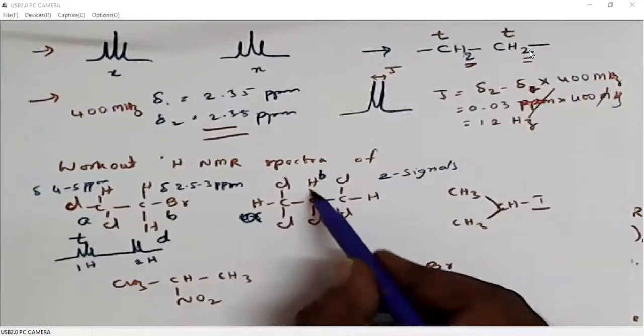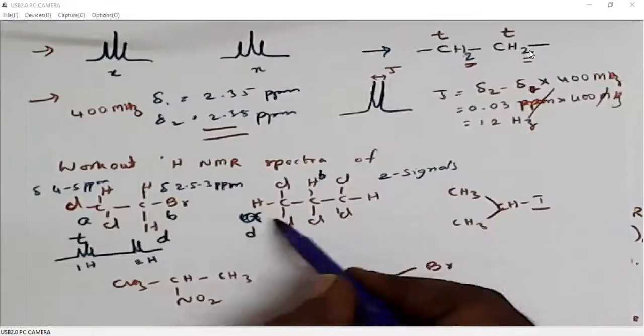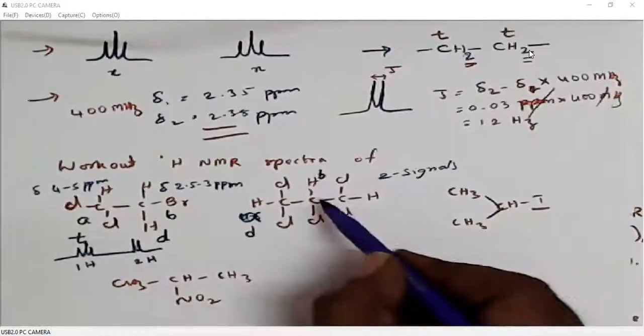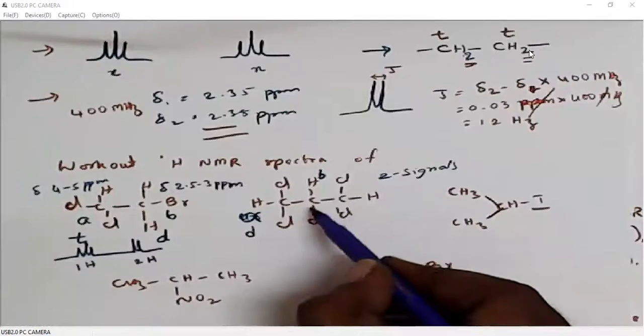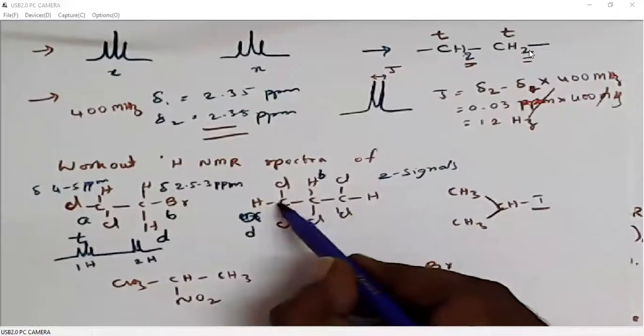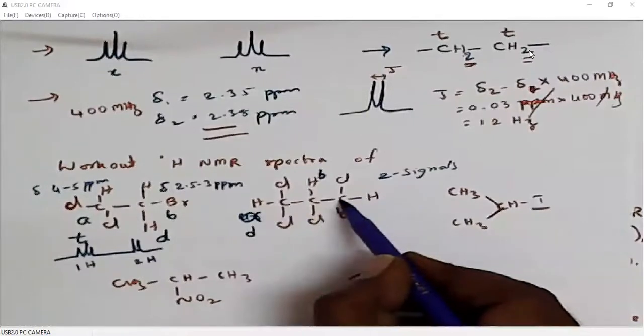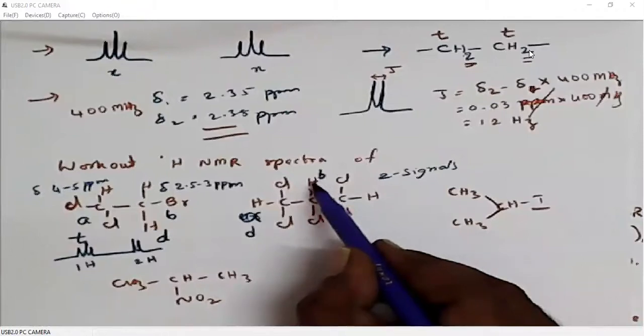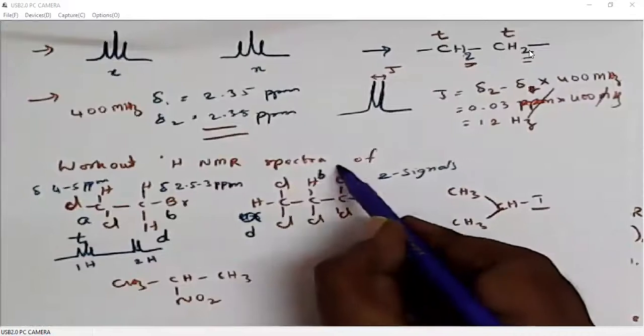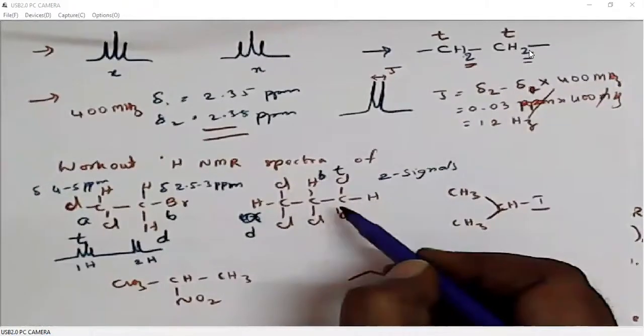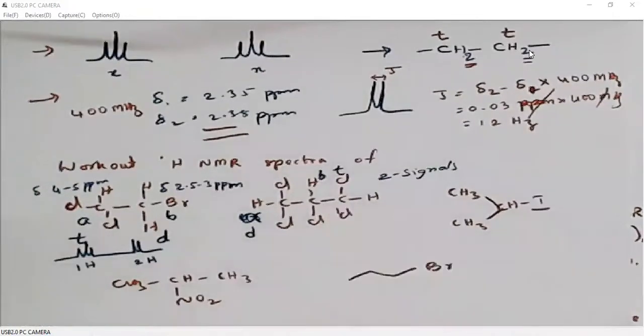So according to the n plus 1 rule, it is a doublet. Now look at this proton. It has two alpha protons, one proton here, one proton here. So it will give a triplet, 2 plus 1.